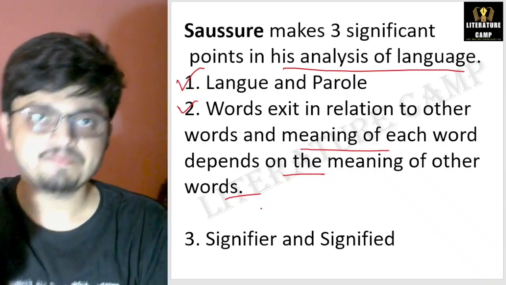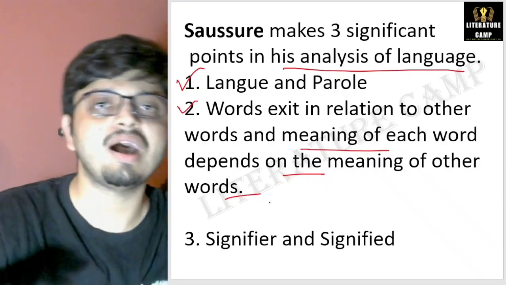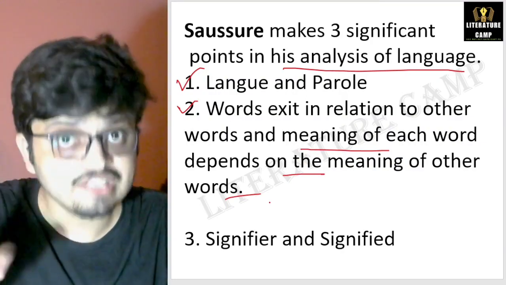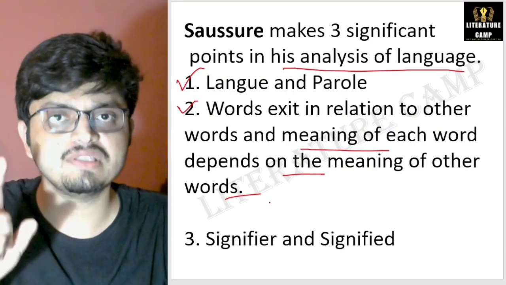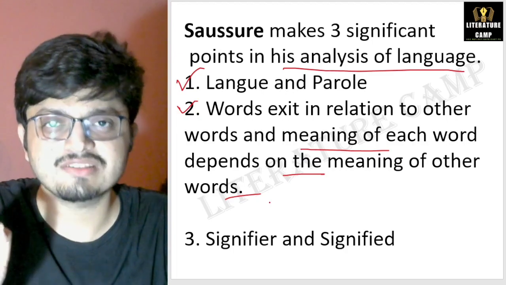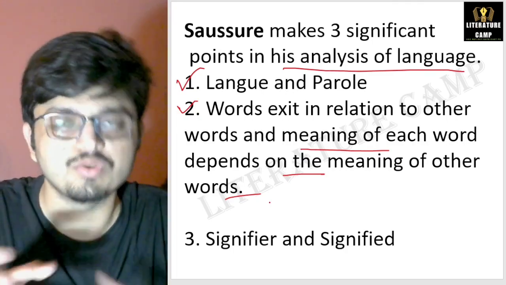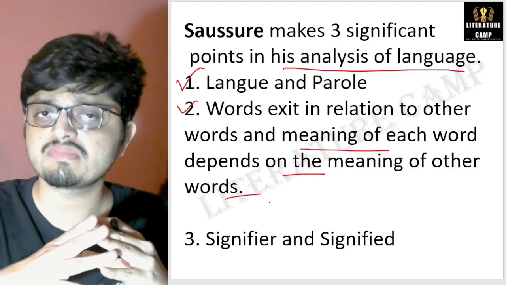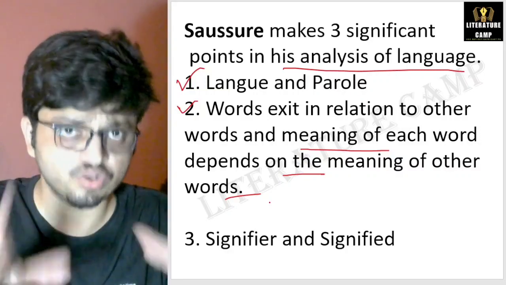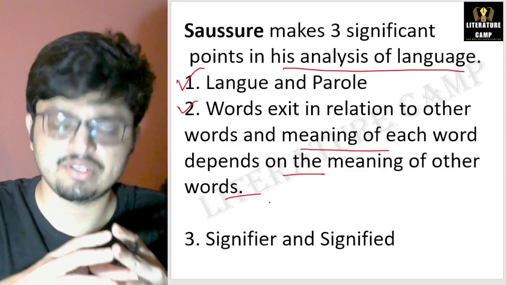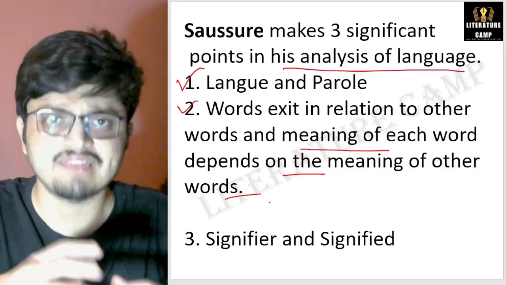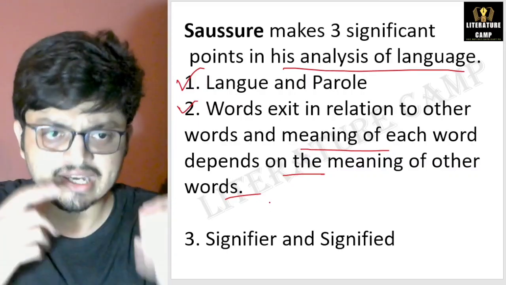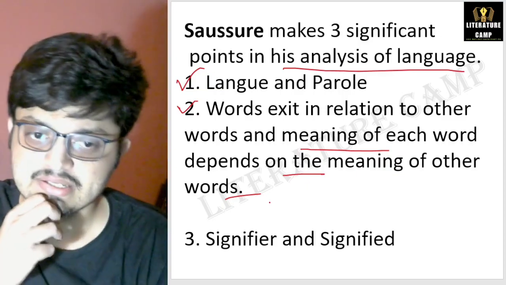So the meaning of each word depends on the meaning of other words. That is his very significant point in structuralism, in his analysis of language. So this is something that we need to also keep in mind.